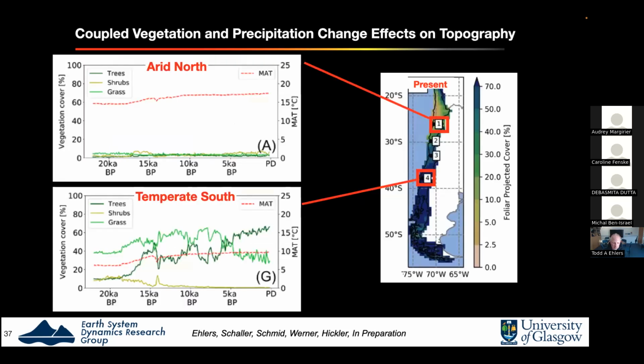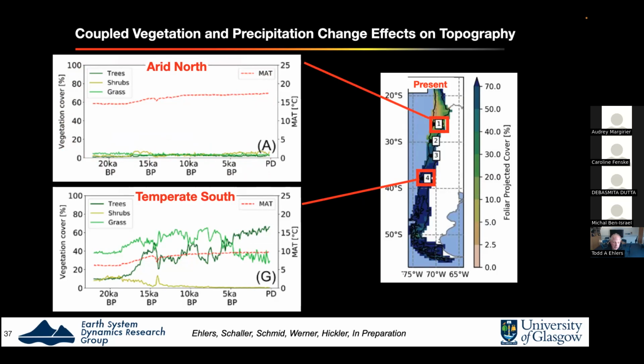Well, let's start by looking at time versus vegetation cover. The different colors here represent the vegetation cover, and in this case you're seeing mean annual temperature and how this changes from LGM to present. As hinted at before, if you're in the Atacama region, not a lot is going on, and that's not a surprise. We've known the Atacama has been pretty much dry and desolate for at least about 21 million years.